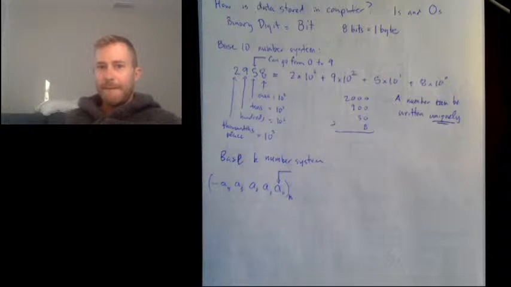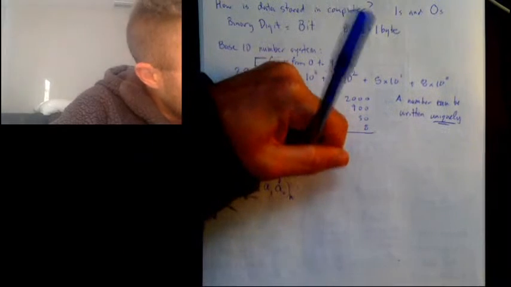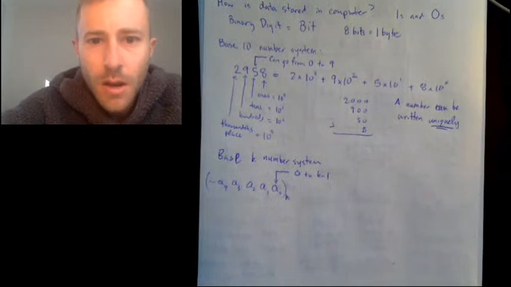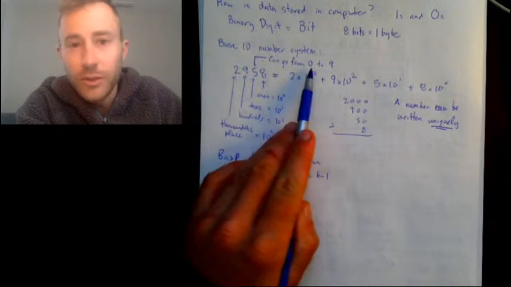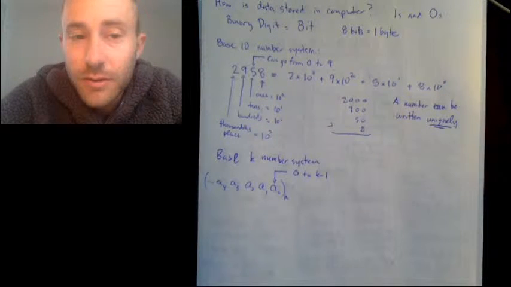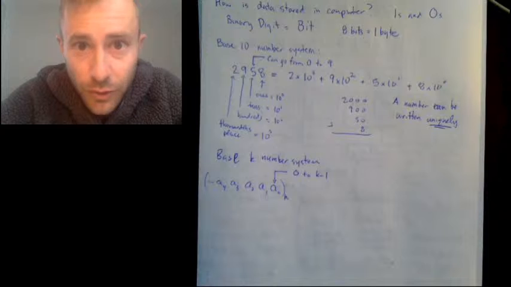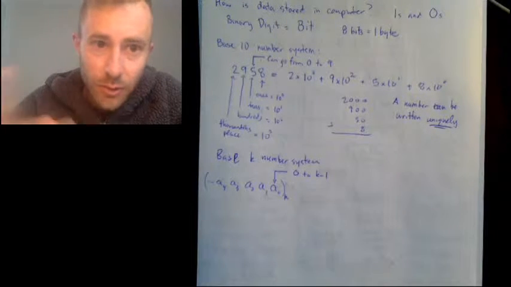Not quite. 0 to k minus 1. Excellent. Just like in base 10, it can go from 0 to 9. If you're in base 2, the binary number system, you can go from 0 to 1. That's why it's 0 or 1.